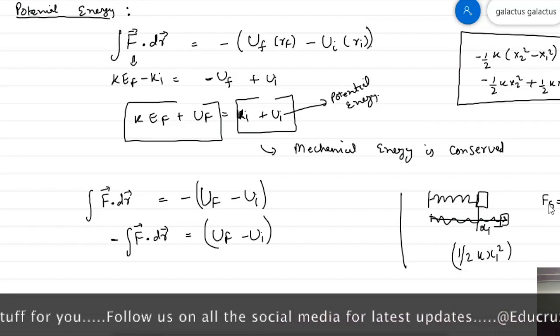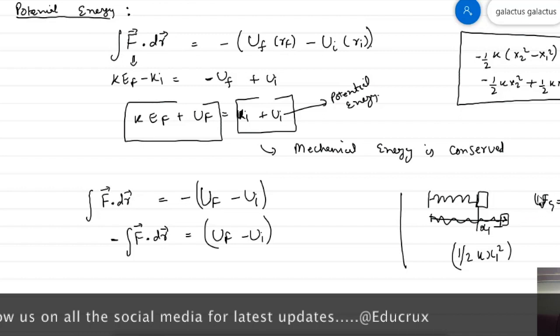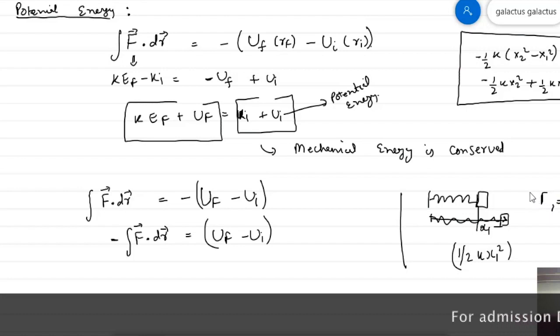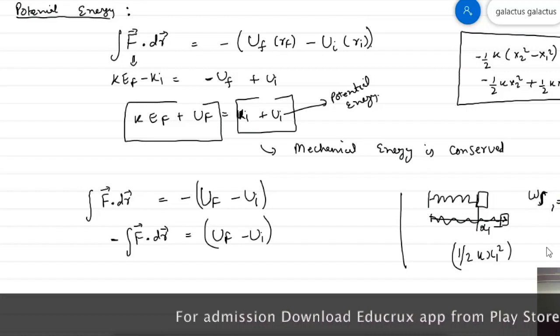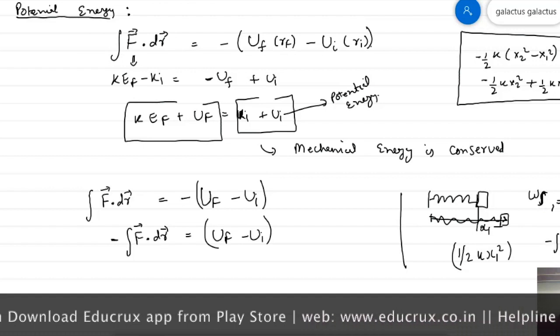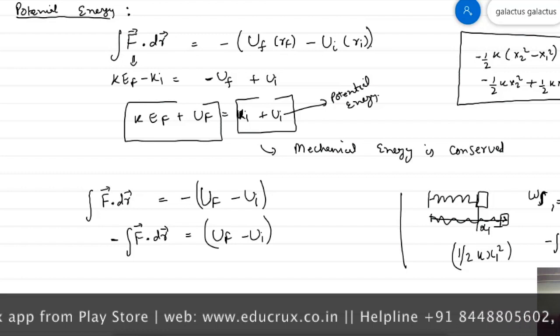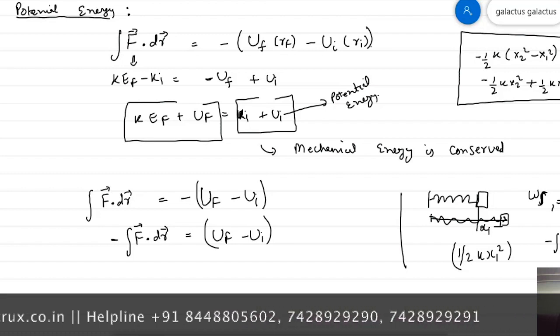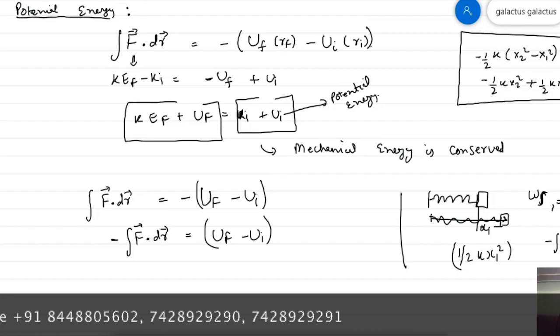So work done in case of my spring force was equal to minus half k x1 square. So my f dot dr, that is the negative of the work done by the spring force, is equal to the potential energy of the spring.